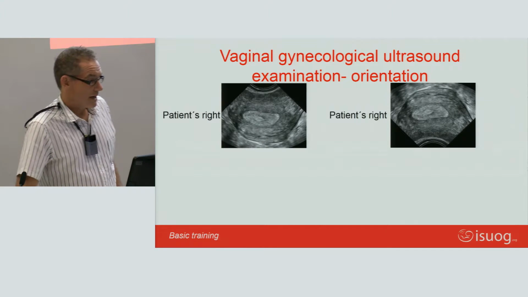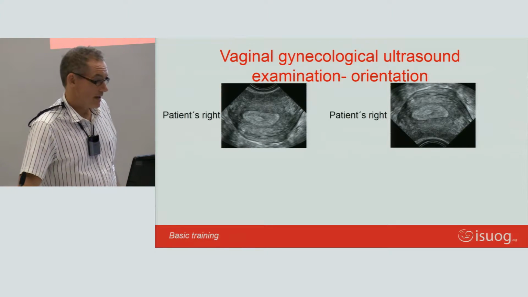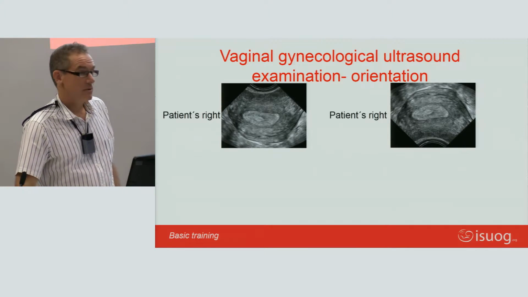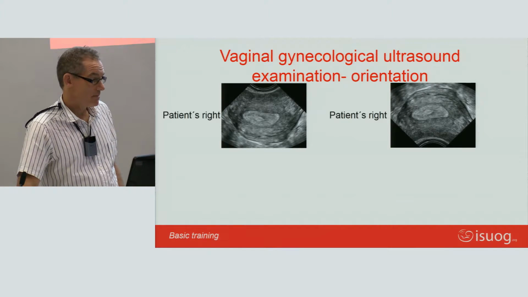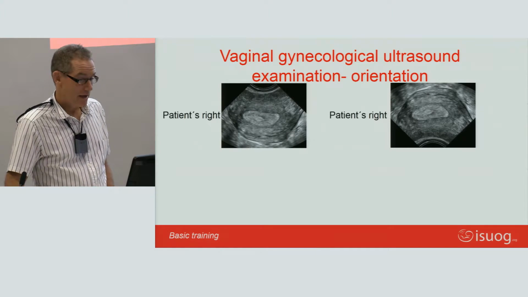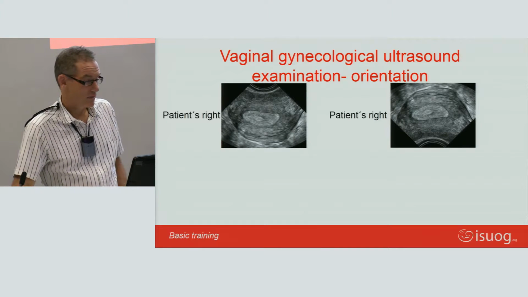In terms of gynae ultrasound images, there's agreement only on the transverse view. Like in the abdominal view, they like the patient's right to be reflected on the left side of your screen, and the patient's left on the right-hand side of your screen.